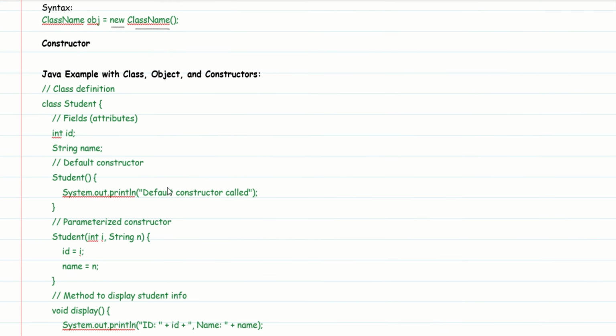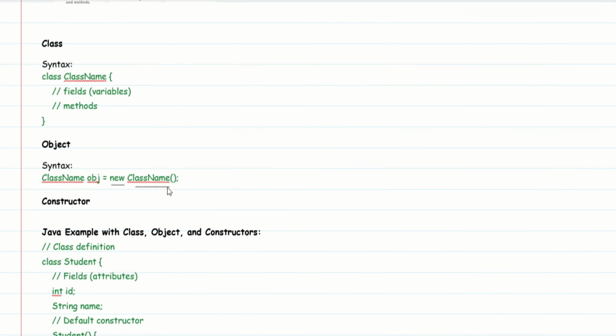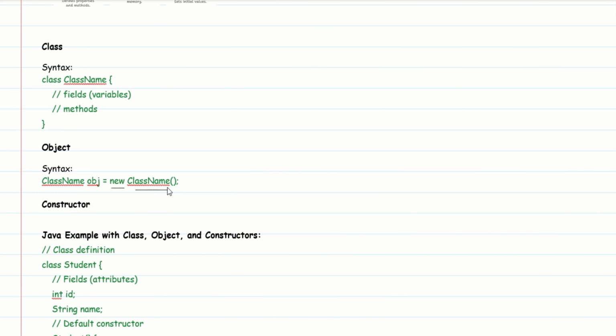So now comes the constructor. A constructor is a special method that gets called when an object is created. It helps to initialize the values. Again, a constructor won't have a return type and cannot be inherited. And a constructor name should be the same as the class name. So every class should have a constructor.